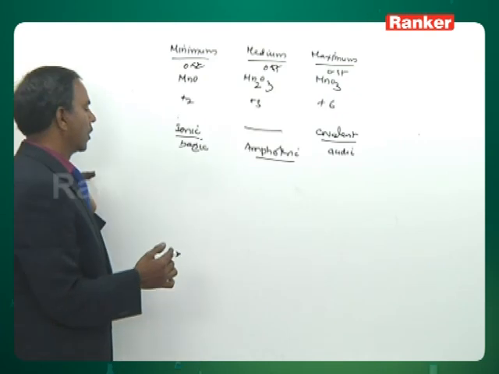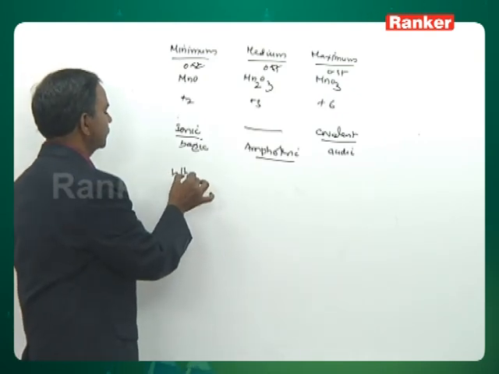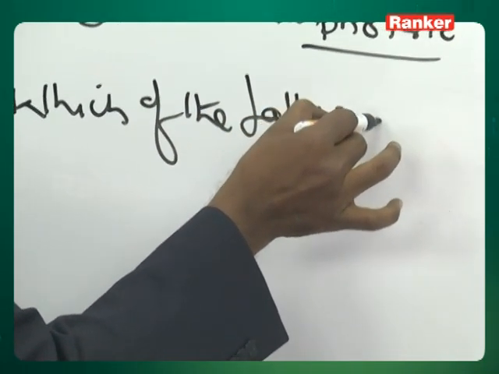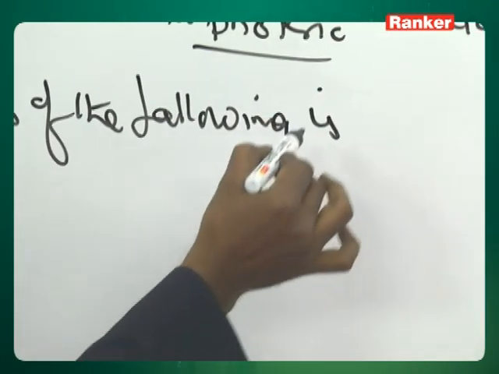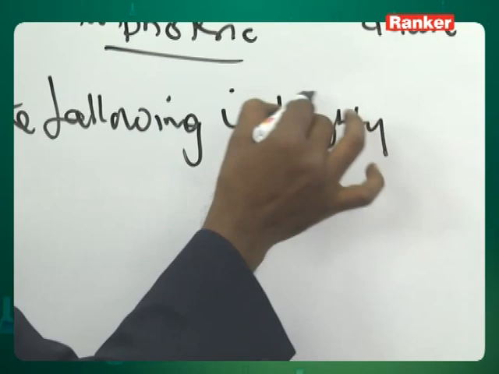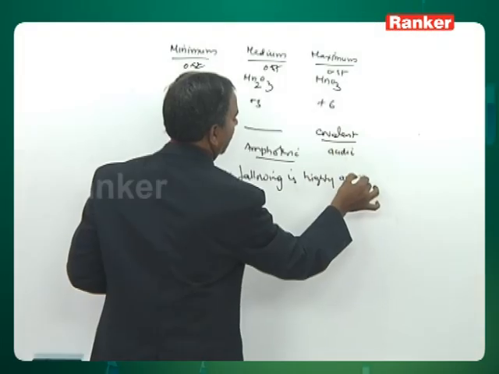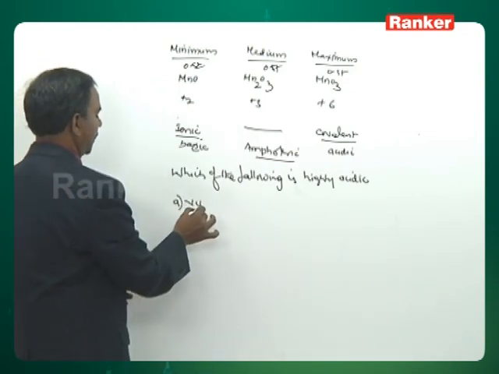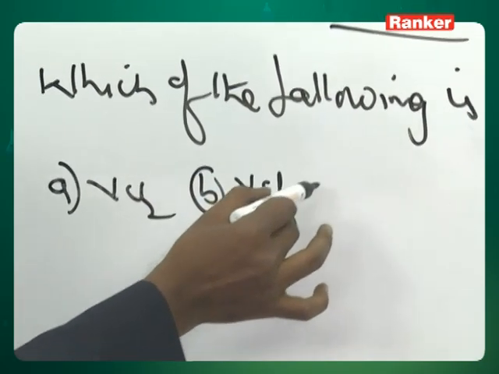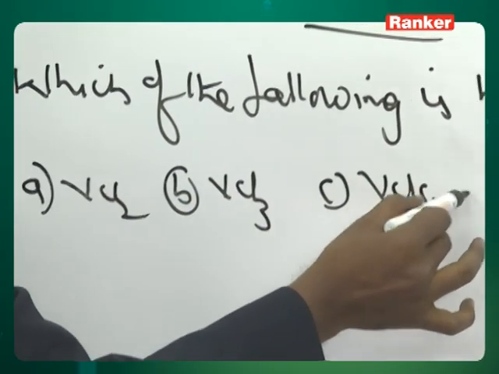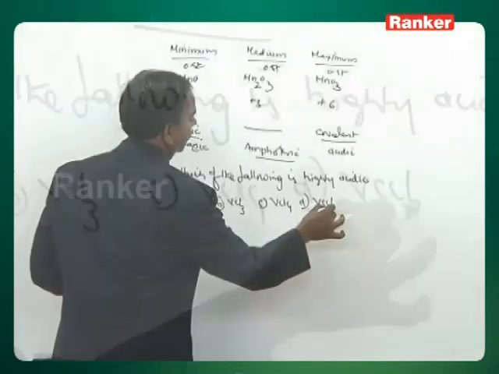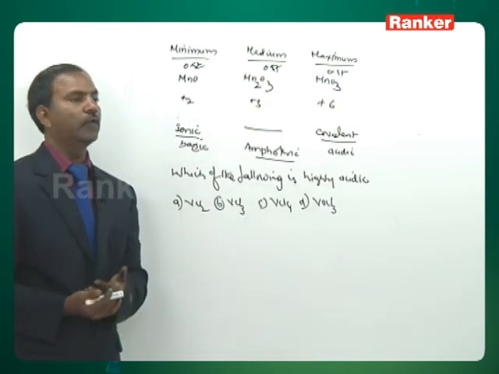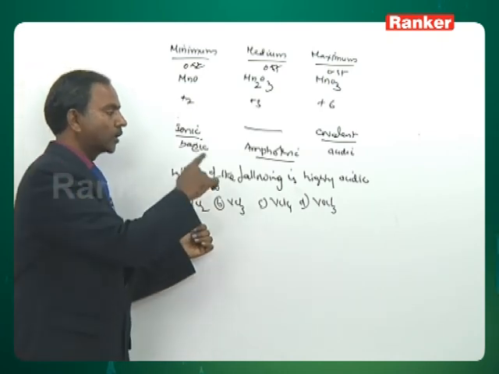How does the question appear in the examination, and how to answer it? Which of the following is the highly acidic one: VCl2, VCl3, VCl4 or VOCl3?